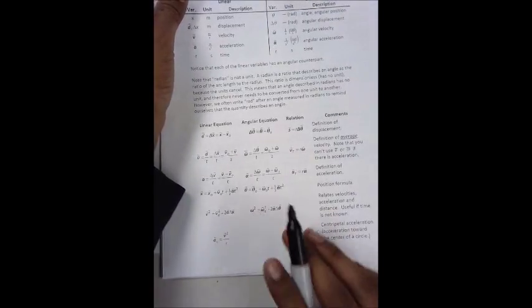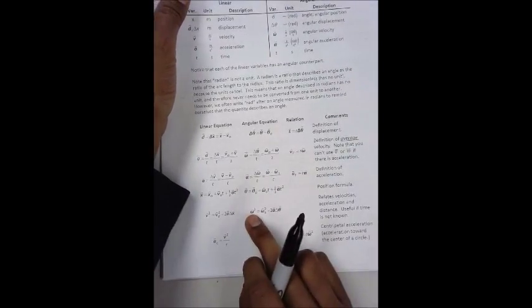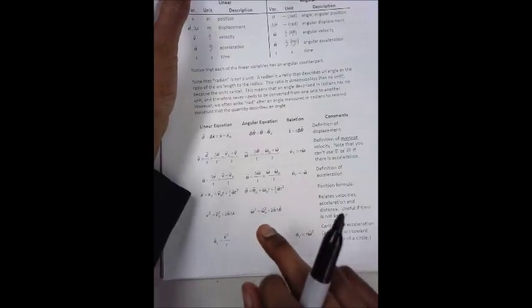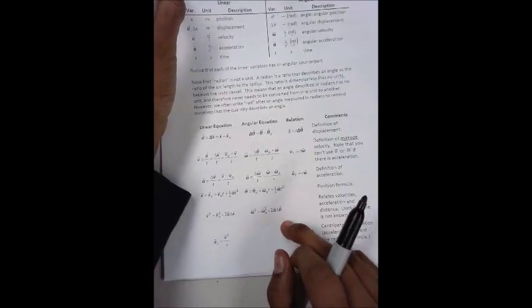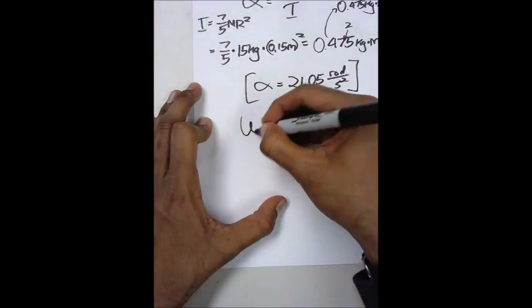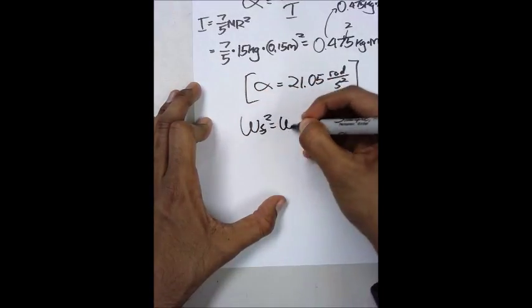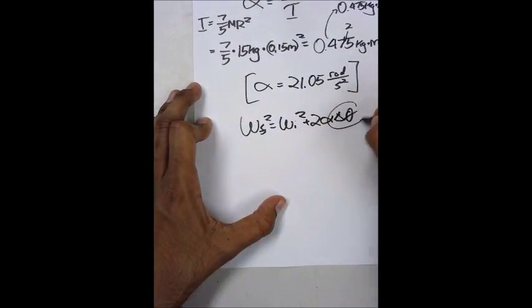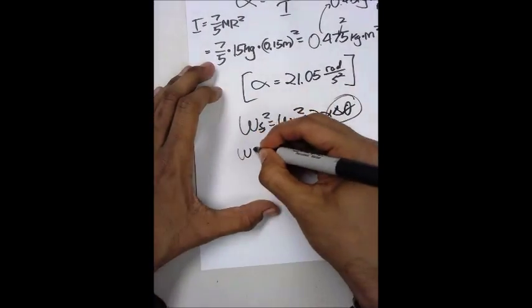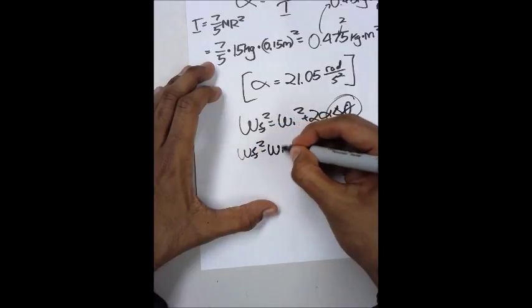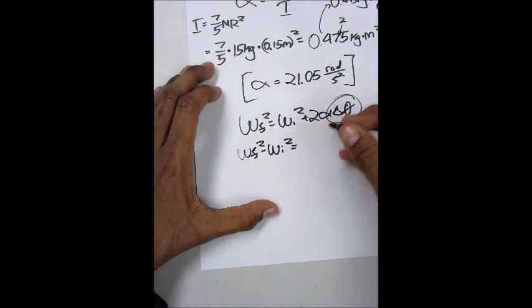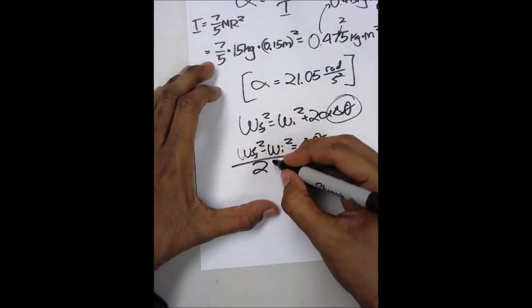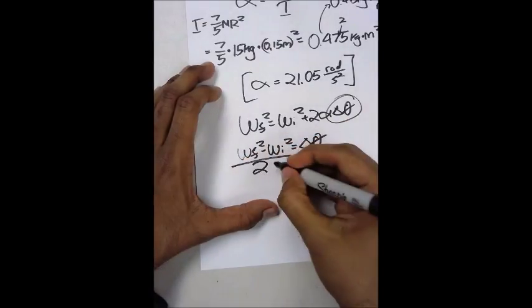So we do have omega final, we do have omega initial, we have acceleration, so delta theta is easy. Omega final squared is equal to omega initial squared plus 2 alpha delta theta. Let's solve for delta theta: omega f squared minus omega initial squared, all divided by 2 alpha, is equal to delta theta.